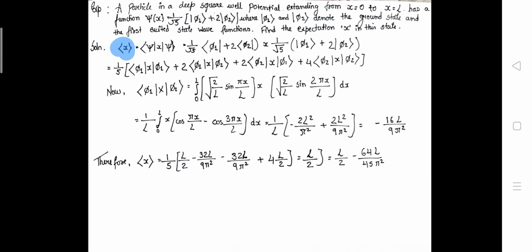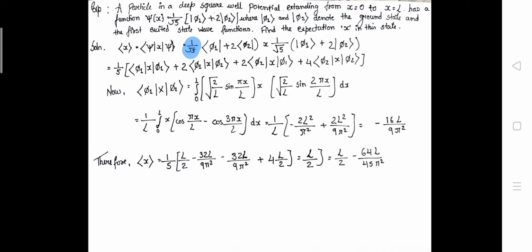We already know the ket of psi is this, but to take the bra of psi, we have to convert this whole term into the bra form. So first we take the bra form of psi, and we will get 1 upon root 2 bra phi 1 plus bra phi 2, into x, and into 1 upon root 5 ket of phi 1 plus ket of phi 2.